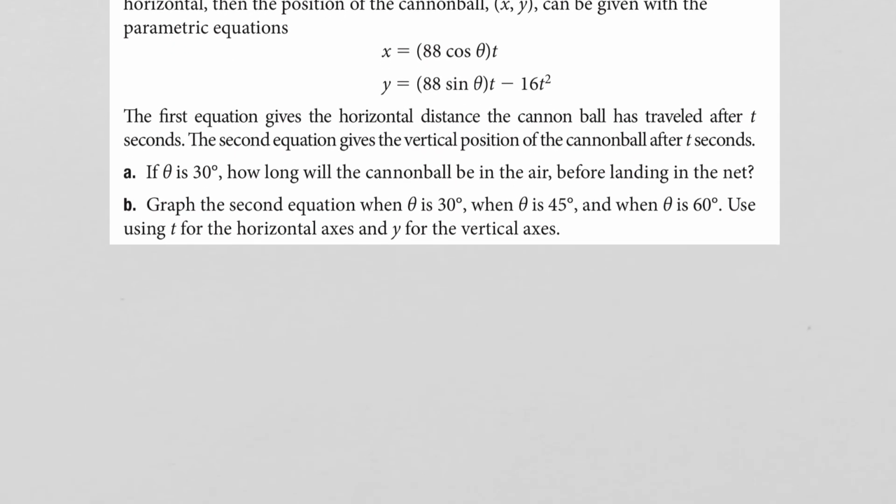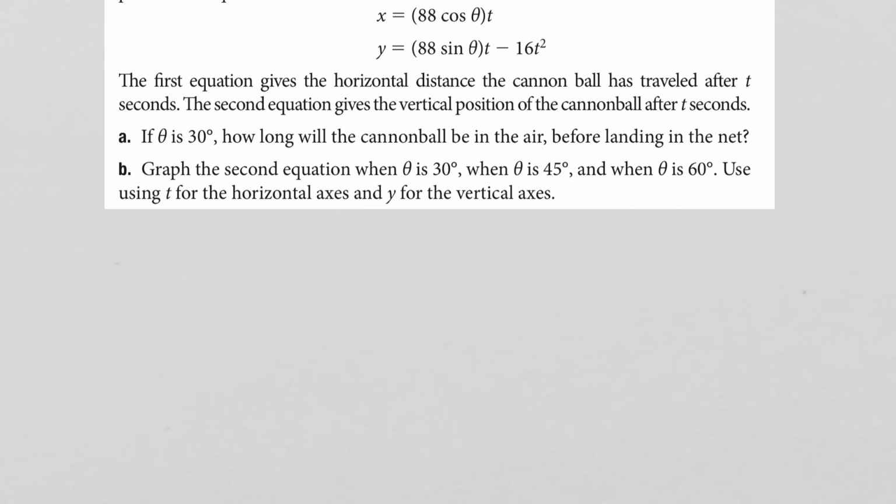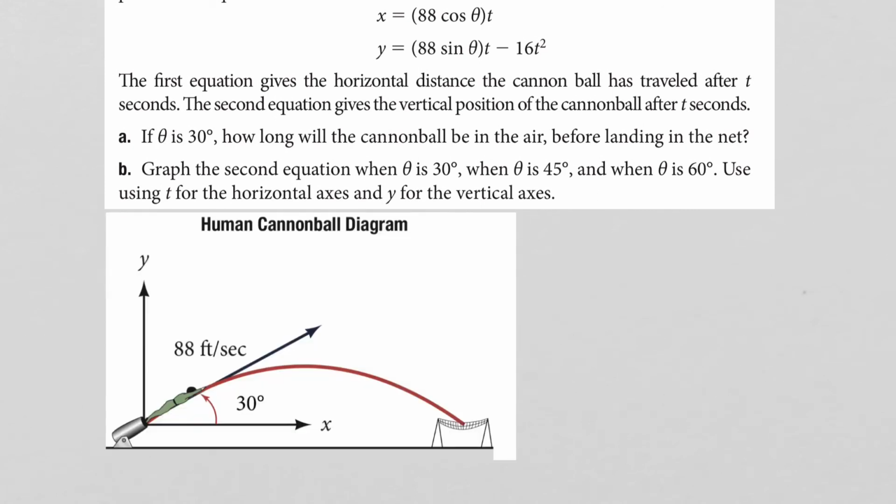All right, so let's first make sure we understand the situation. What we have is a human cannonball. So here is the cannon, and we'll put that at the origin of the x and y axis. This person is fired into the air and travels until they land in a net, and the net is set up at the same height as the starting point of the person.